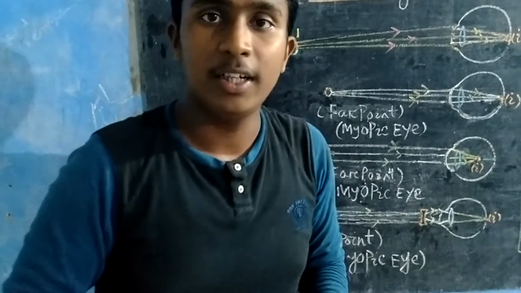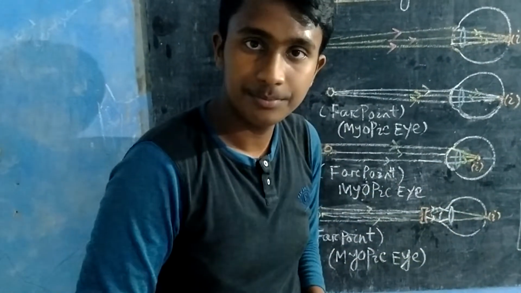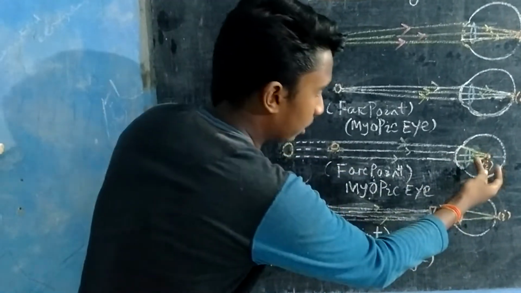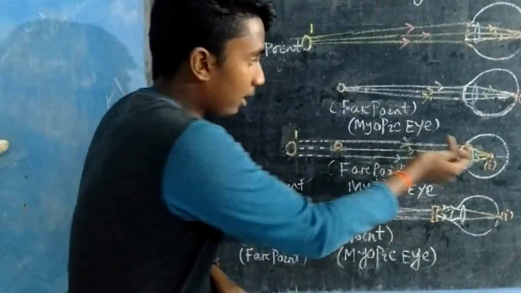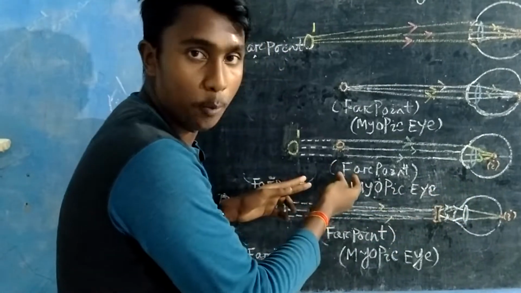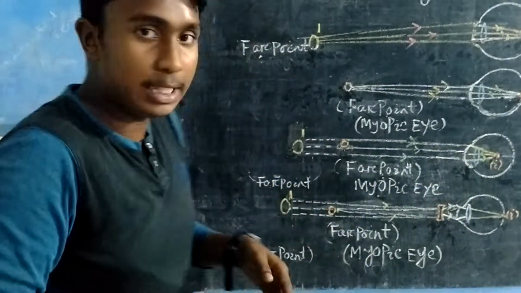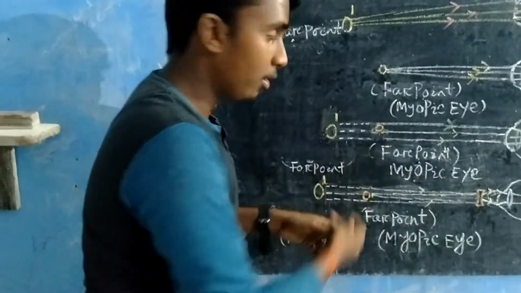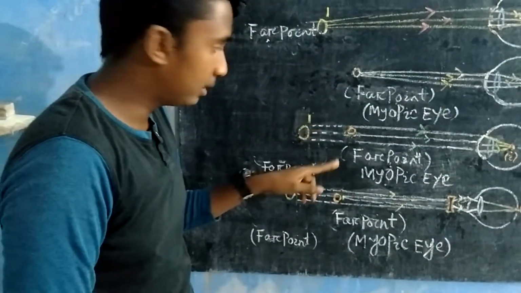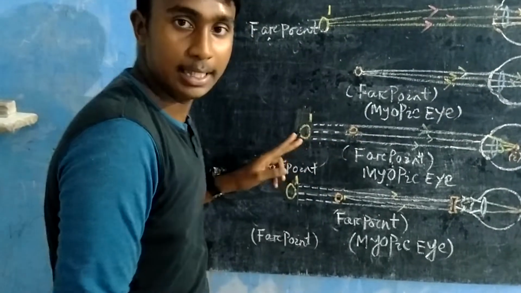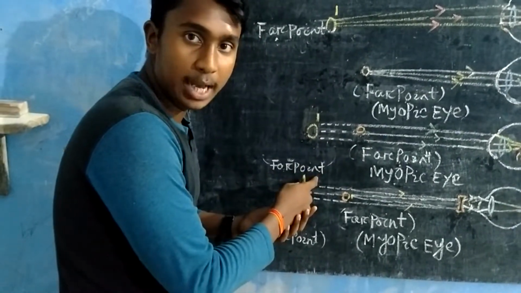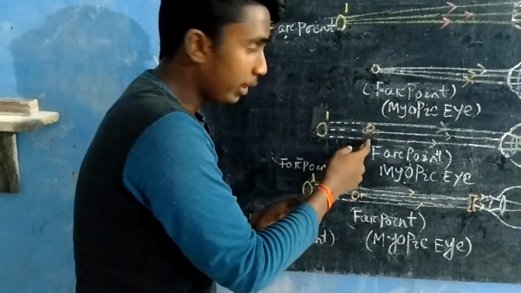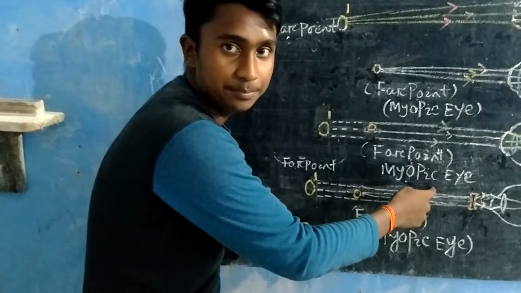So friends, what is the defect of the myopic eye? Look at the third one. In the third picture there are 2 points. The first is O dash, the second is O. O dash indicates the far point of the normal eye, and O indicates the far point of the myopic eye.